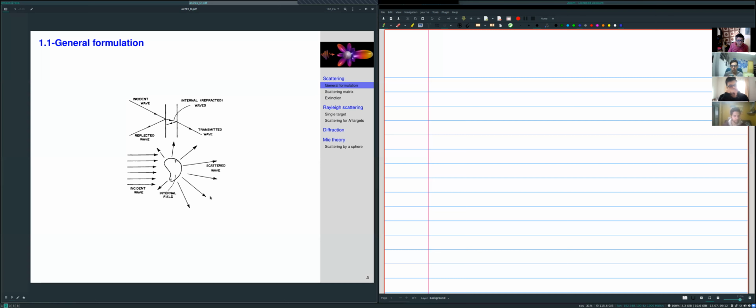So the scattered wave is what we call the transmitted and the reflected wave. And of course, there'll also be something like the internal fields inside the obstacle. Okay, so that's important to bear in mind. We have the problem of scattering, we have the incident wave hitting an obstacle, leading to a scattered wave and internal fields.